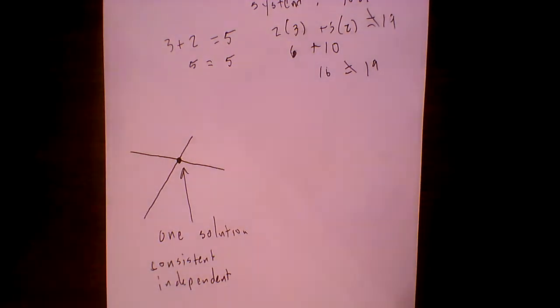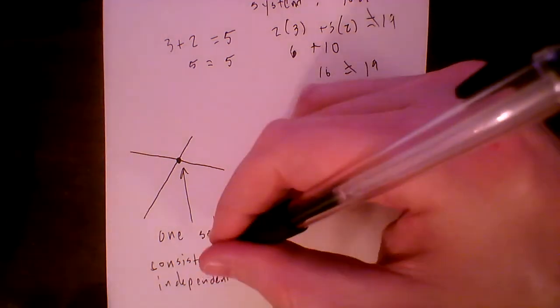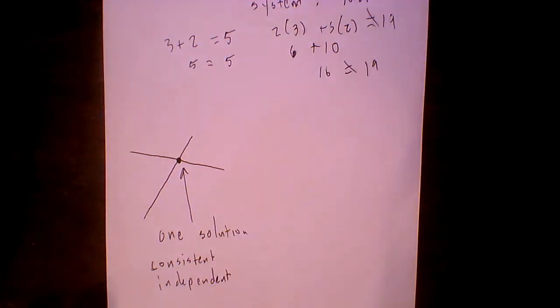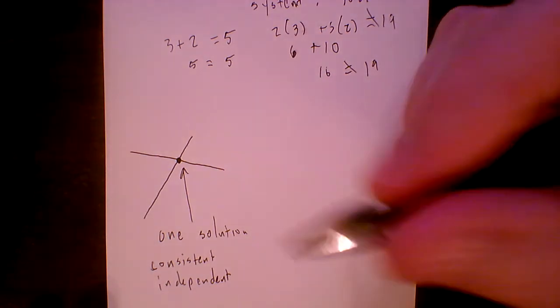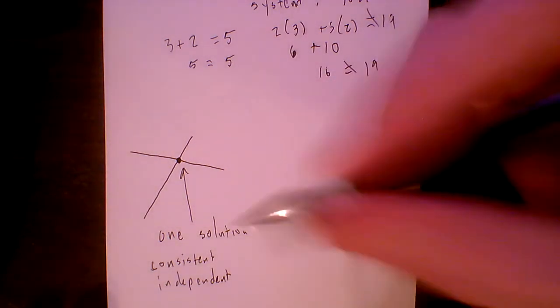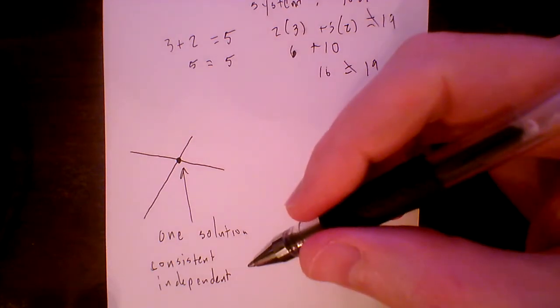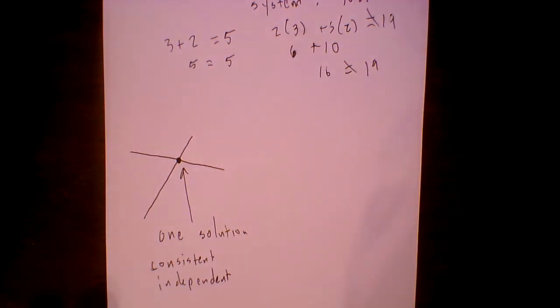So each of these cases that we're going to have is going to have a couple of words that we use to describe it. The word consistent means there's at least one solution to the system. And the word independent that we use here means there are two separate lines when we graph them. Now, this doesn't always happen though, right? There are a couple of other kind of special cases that we can come upon when we're working with these systems of linear equations.